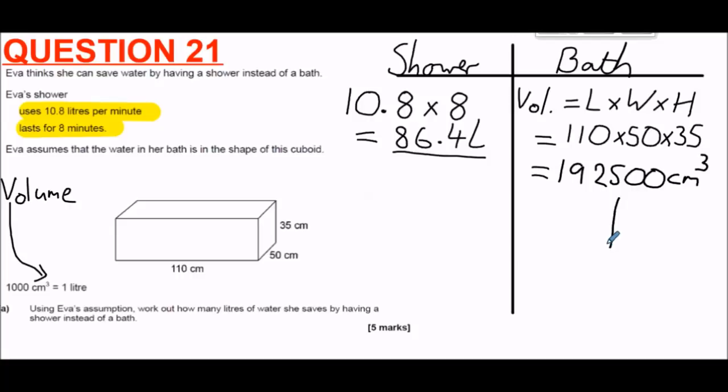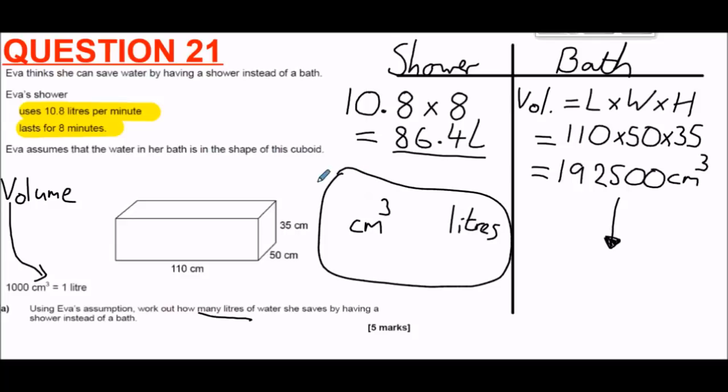But what we need to do, we need to compare like for like. So here we've got litres for the shower. We could do with litres for the bath as well. Especially because the question's asking about how many litres. So litres is the currency we're interested in. So we've got a conversion factor here between centimetres cubed and litres. With this conversion factor, one of the numbers is 1, the litre number, and another number which isn't 1.